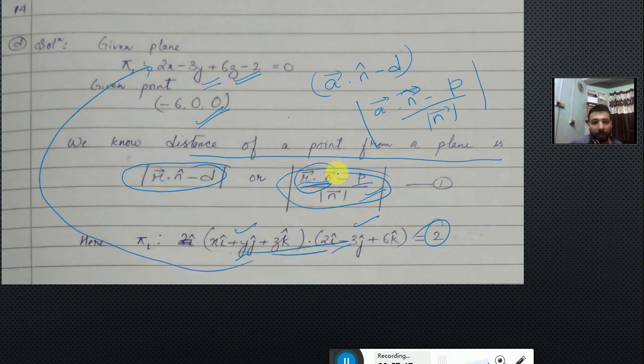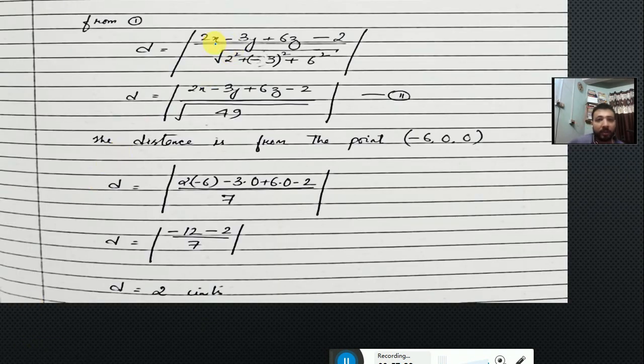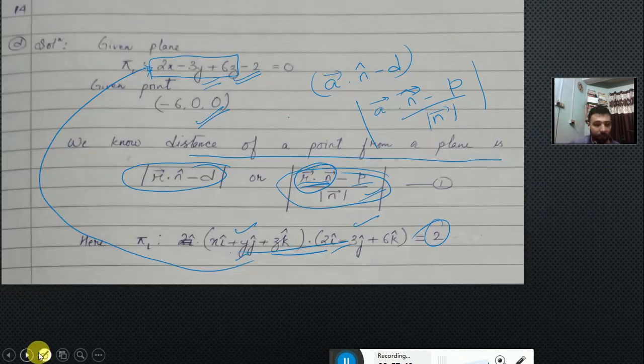So in place of this, I will directly write this part, and in place of minus p, I will write minus 2. So see what you are getting, 2x minus 3y plus 6z. I am not taking the dot again, I am just writing the given plane. Okay, and minus p, divided by the magnitude of the normal vector.